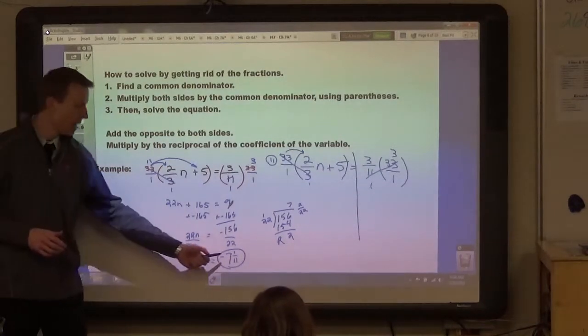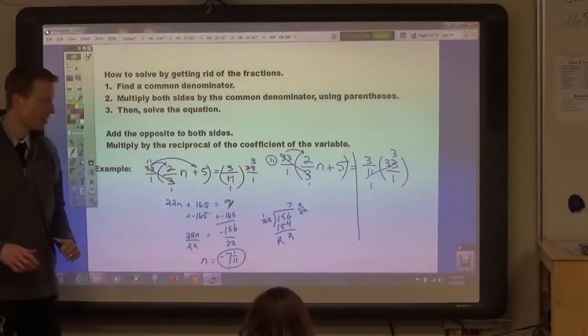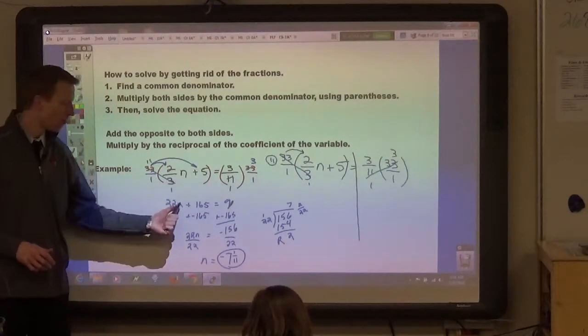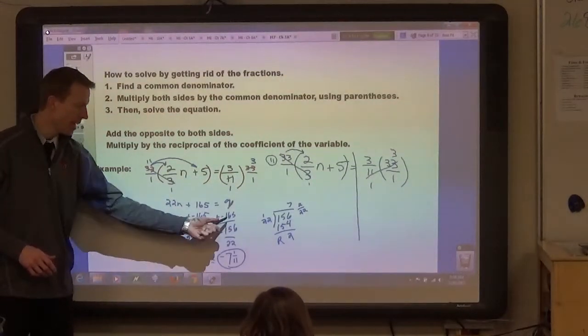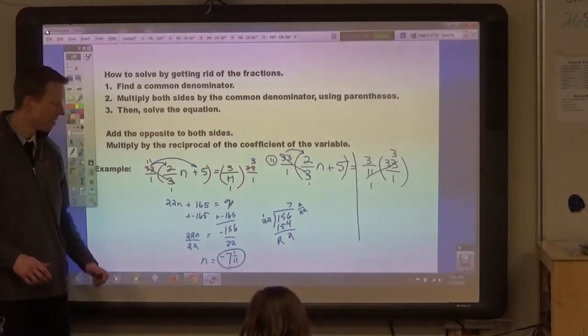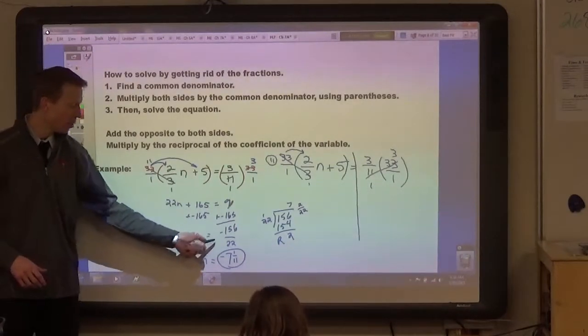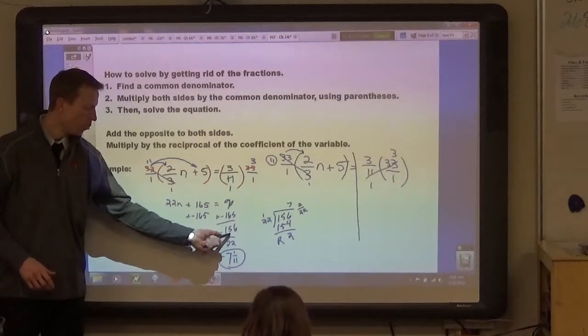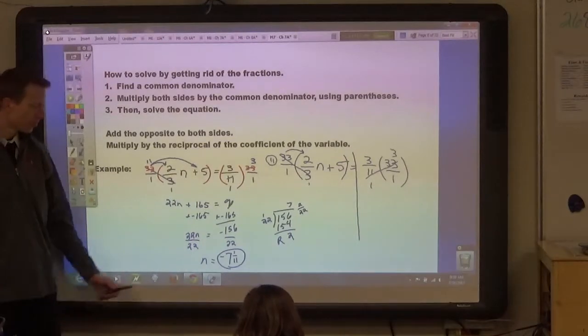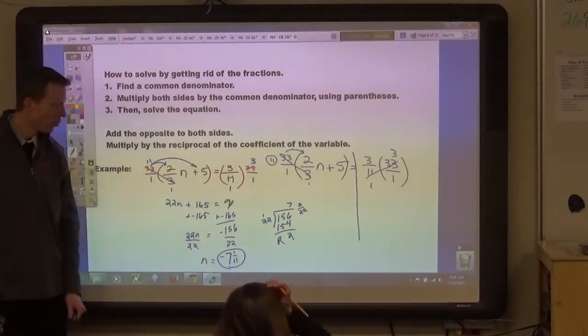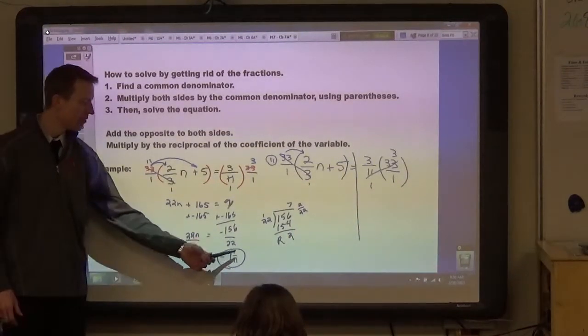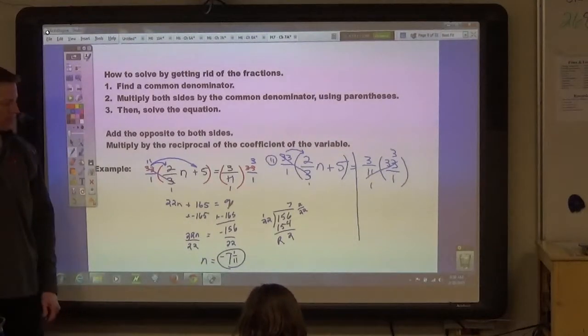We're going to get the same answer as if we use the fractions, but we can just solve it using the whole numbers. Add negative 65 to both sides. 22n equals negative 156. Divide it by 22. It's negative 7 and 1/11.